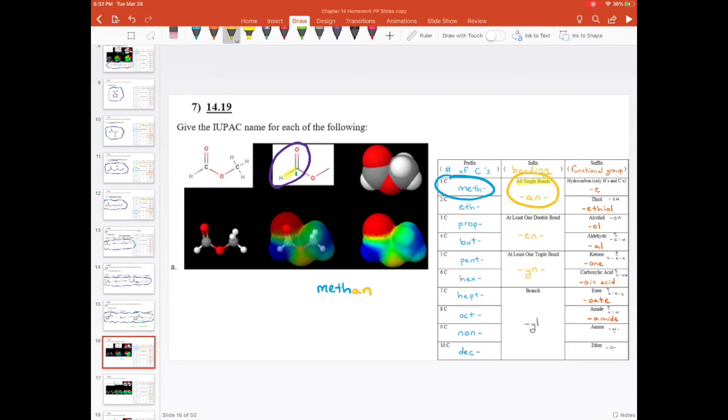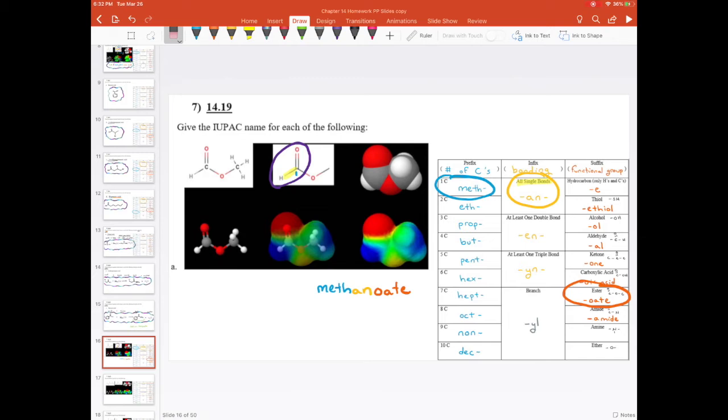Any double bonds that are in the functional group are going to be represented by the suffix, which represents the functional group. So methane. Now the functional group is carbon, double bonded to oxygen, single bonded to oxygen, single bonded to carbon. That's our functional group, and that is an ester. So the suffix for an ester is OATE. So we're dealing with a methanoate.